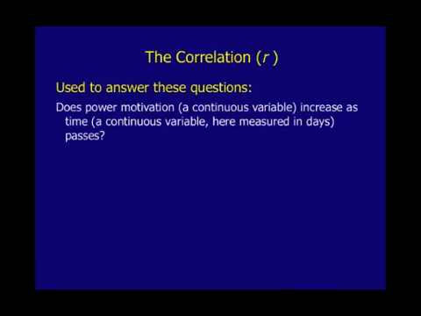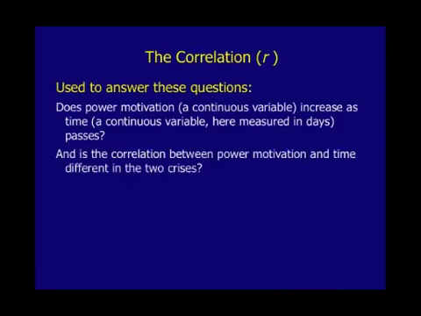Both are continuous variables, power motivation and time, measured perhaps in days. And are the correlations between power motivation and time different in the two crises? Perhaps power motivation goes up over time in the war crisis, but goes down over time in the peace crisis.